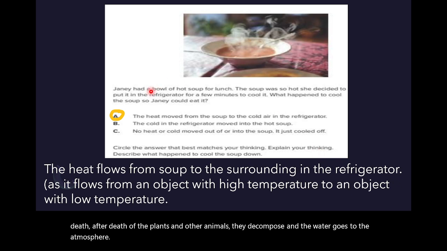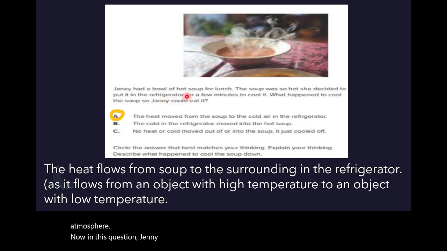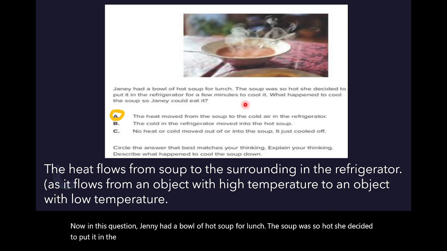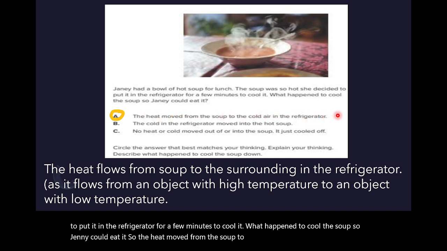Now, in this question, Jenny had a bowl of hot soup for lunch. The soup was so hot, she decided to put it in the refrigerator for a few minutes to cool it. What happened to cool the soup so Jenny could eat it? So the heat moved from the soup to the cold air in the refrigerator.